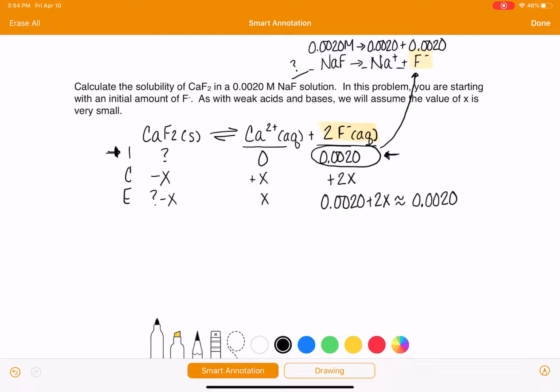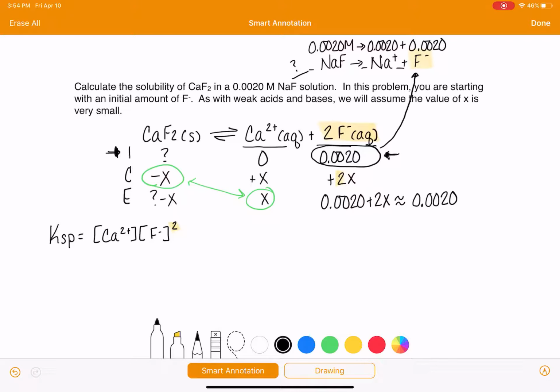So again, this problem wants us to figure out how much calcium fluoride dissolves, and if we can solve for x, we'll know the answer to that question, which means we need to write an equilibrium expression, Ksp. It's going to be calcium ions times fluoride ions. Don't forget to square them.